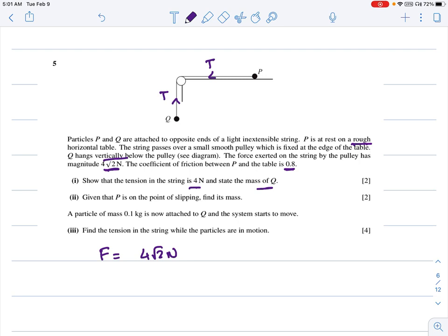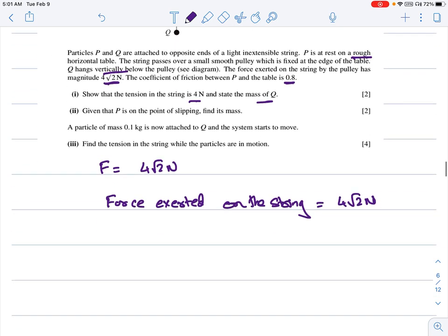Now there is a formula. If I want to know the force exerted on the string, I'm writing it very clearly. Here we have 4√2 newtons. Now I want to know the tension.